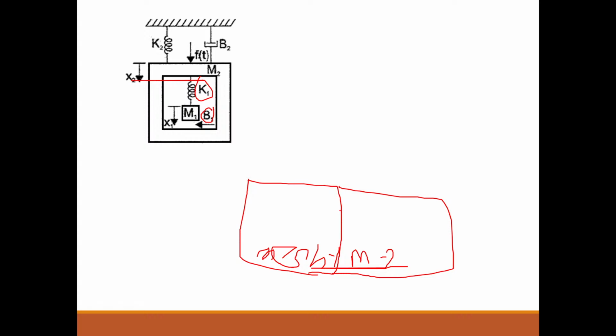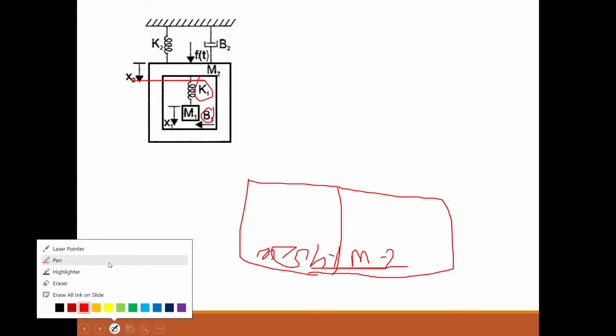And what is B1? B1 is R1. So 1 by C1 means the capacitor should be connected in series with the other element. The resistor and capacitor should be connected in series.